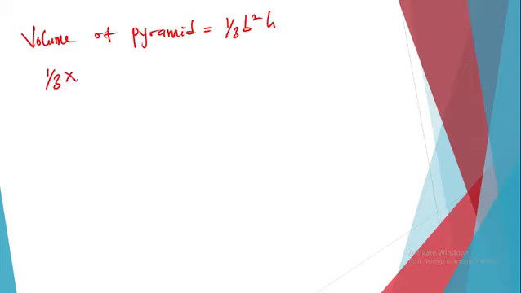Finding volume of pyramid. Volume of pyramid. We have our formula to be 1/3 b squared h. Is that correct? 1/3 b squared h. I gave us the formula in our previous class. So therefore we have 1/3 times, what's our b? Our b is the base area.